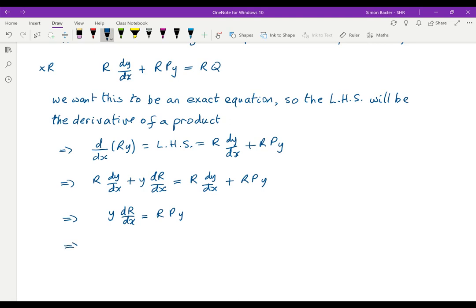Can we do two things at once? Divide by y and divide by r, perhaps three things at once, and multiply by dx. And integrate. Well, we can integrate 1 over r, that's log r.